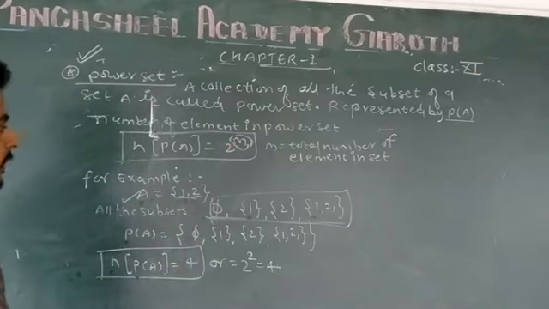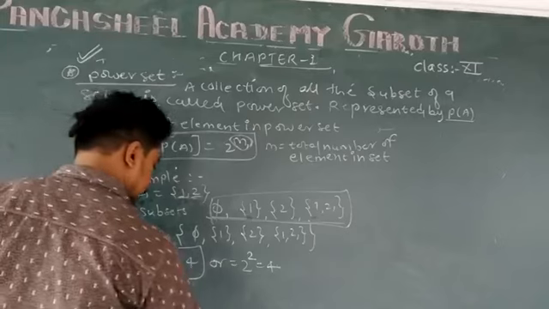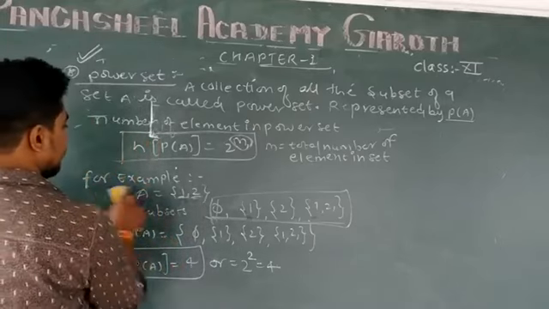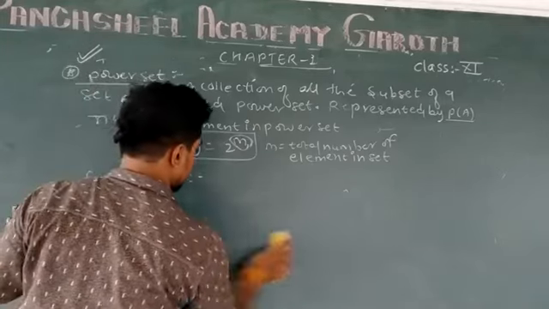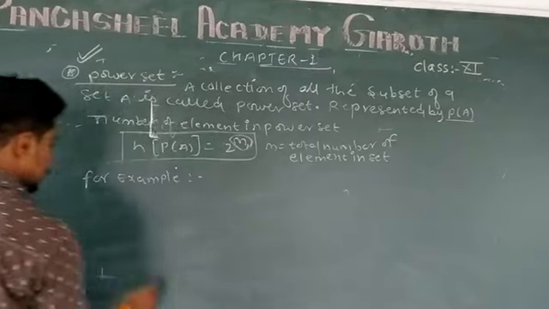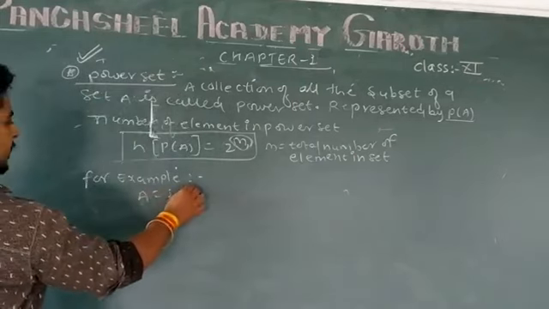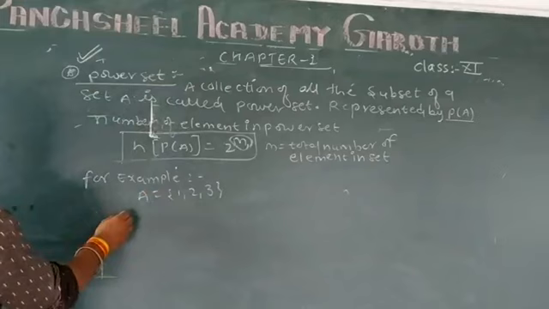We will also clarify it by taking another example. If there is a set which contains 1, 2, 3, then what are the total subsets?